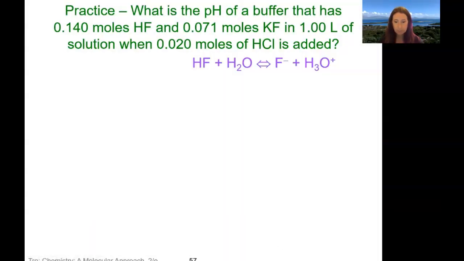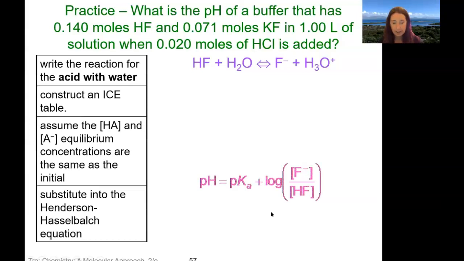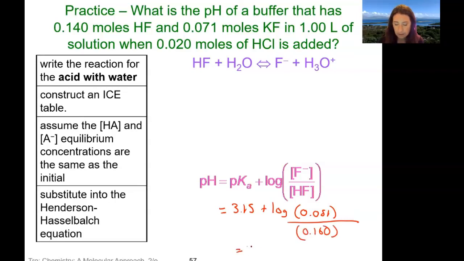So this means our pKa, which I think I gave you in the beginning, yeah, the pKa was 3.15, plus the log of our A minus, which was 0.051, over our HA, 0.160, gives us 2.65. And that is our pH.